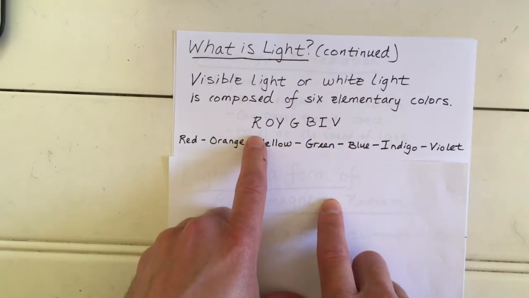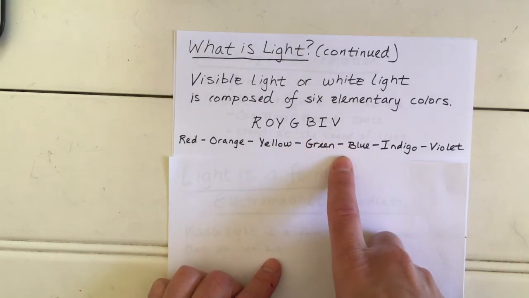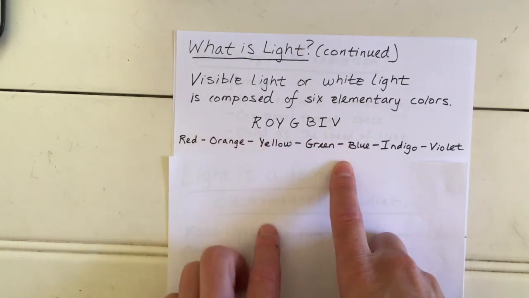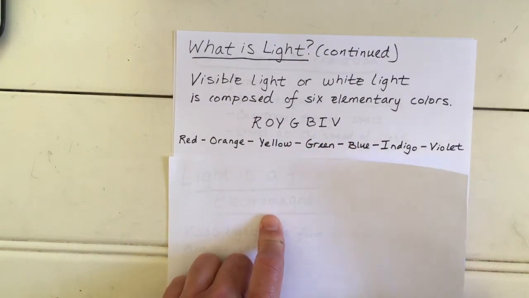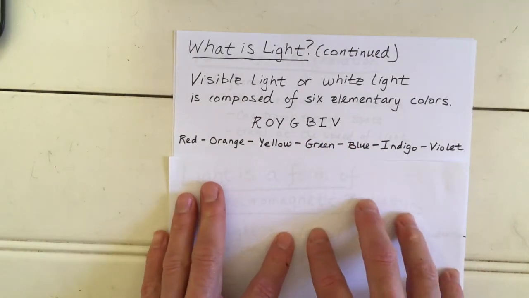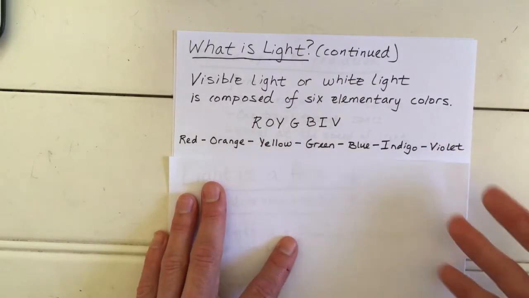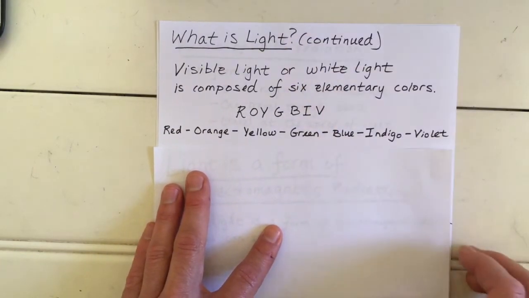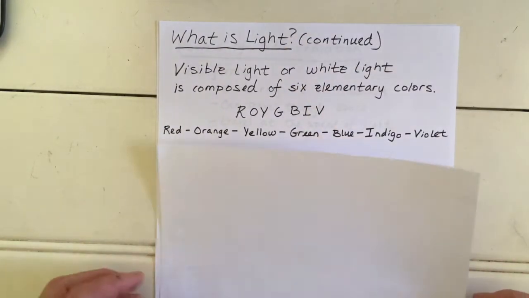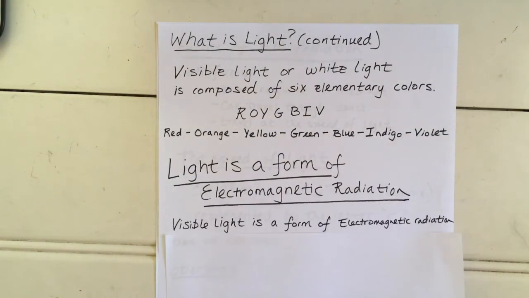The lowest frequency is red, and the highest frequency is violet, and the lowest energy is red, and the highest energy is violet. It's weird maybe thinking of colors as having energy, but we have to remember that they're a type of electromagnetic radiation, and so we can consider them to have energy, just a very small amount.